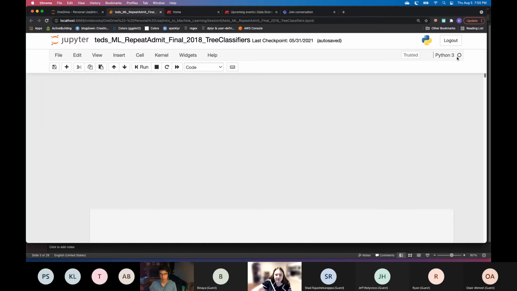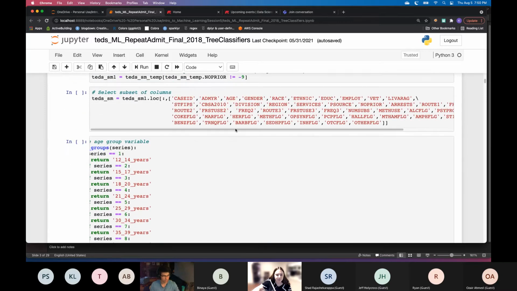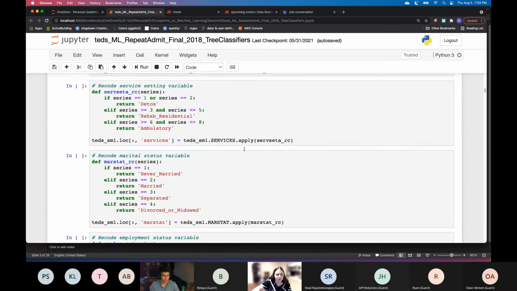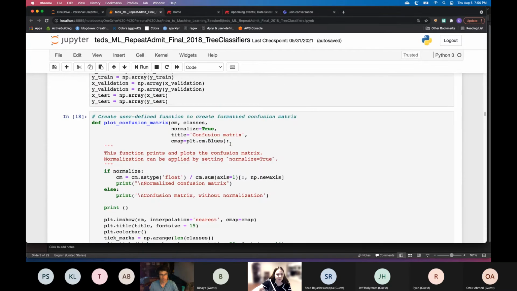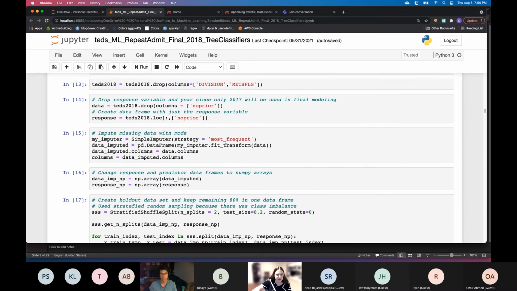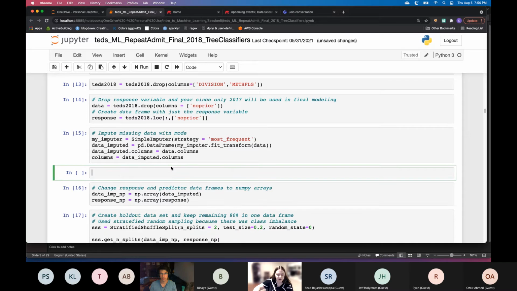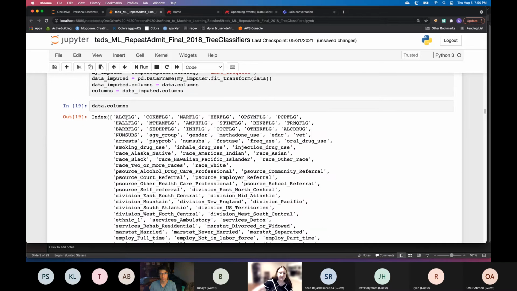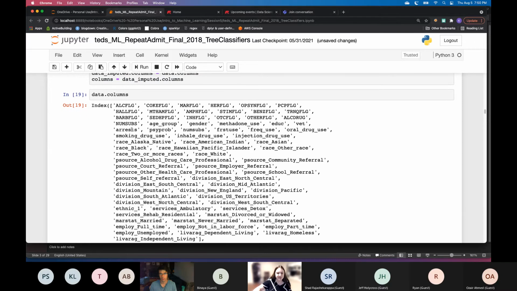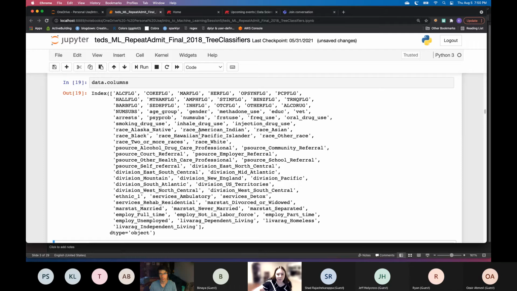I can go up to the top here and show this is all data cleaning. Can pull in the data columns. So you'd be able to see here whether they have alcohol in their system, their race, whether they smoke, the number of arrests that they've had in the past, and methadone use.